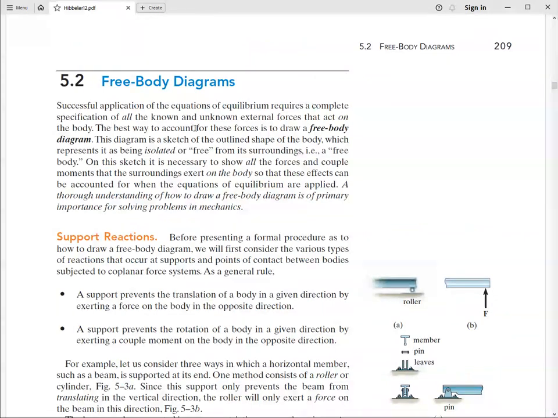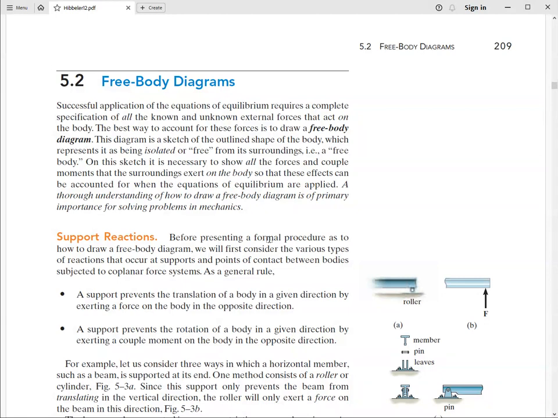Right, free body diagrams. One of the most important concepts, as I said, in statics. So when analyzing bodies for equilibrium, we're going to show them released from their assembly, and instead represent the effect of the environment, other bodies, or the ground with forces.